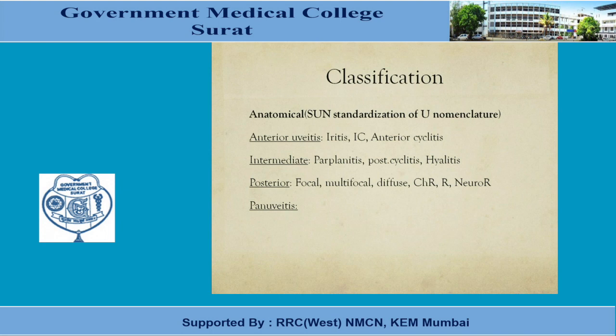So even anatomy of the anterior, intermediate and posterior, if we divide, so iritis, iridocyclitis and anterior cyclitis. Or if we talk about the intermediate part, as I told you, pars planitis, because ciliary body we took into anterior uveitis, but pars plana is an intermediate part. So it's pars planitis or posterior cyclitis.